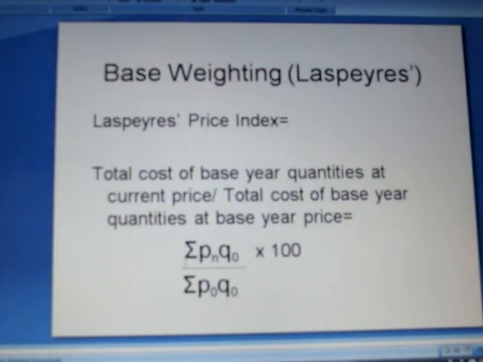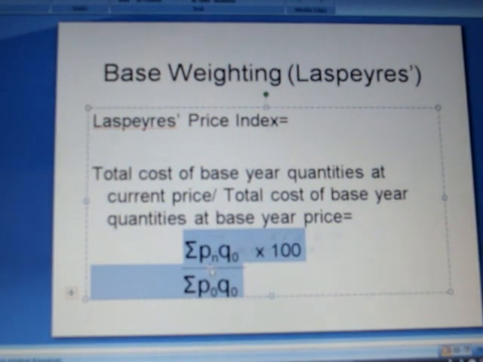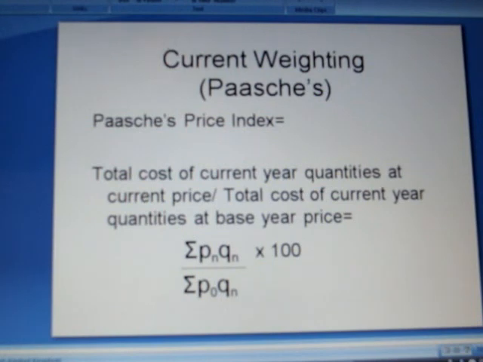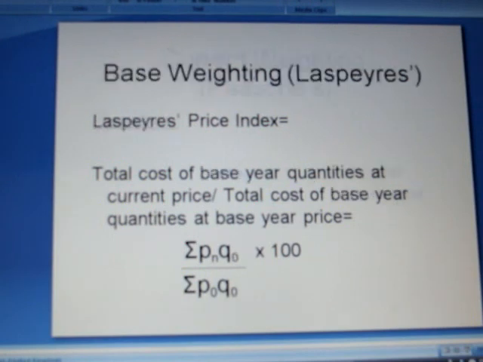So we can see that the element, the principle of price relative, Pn divided by P0, is always there whether we use the Laspeyres method or the Paasche method. The only difference is in the quantities used for multiplying.